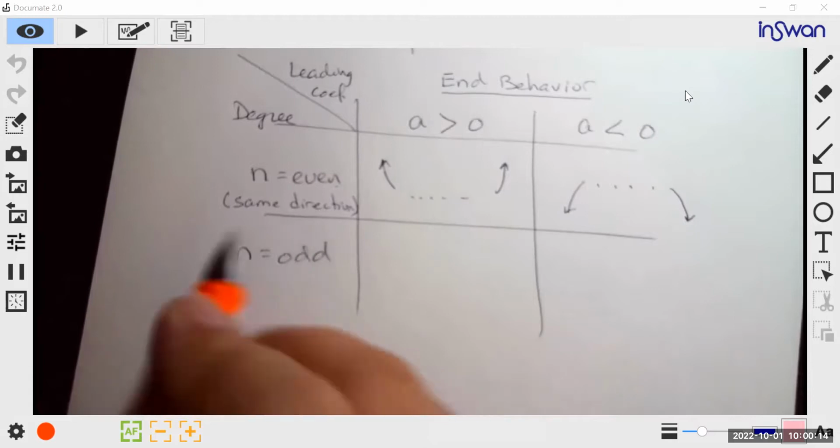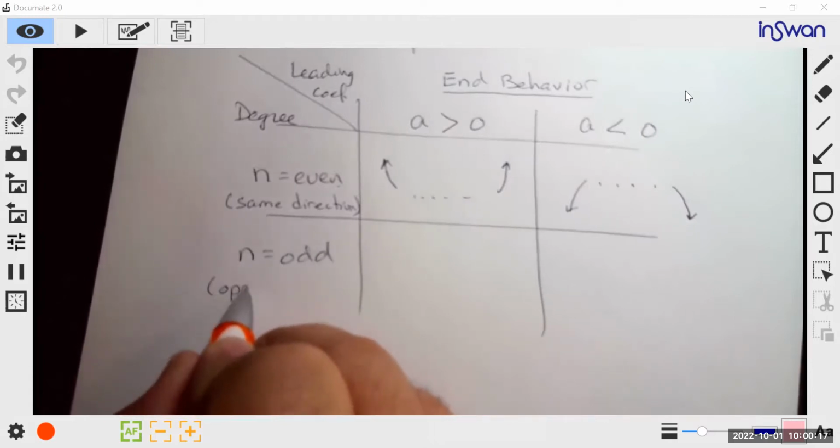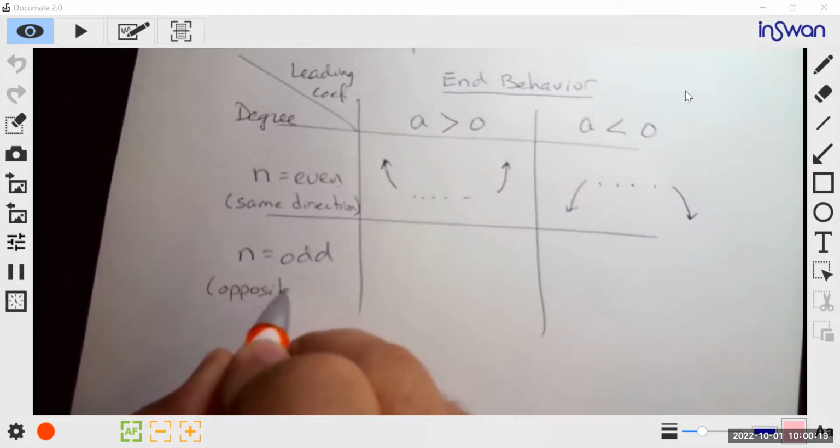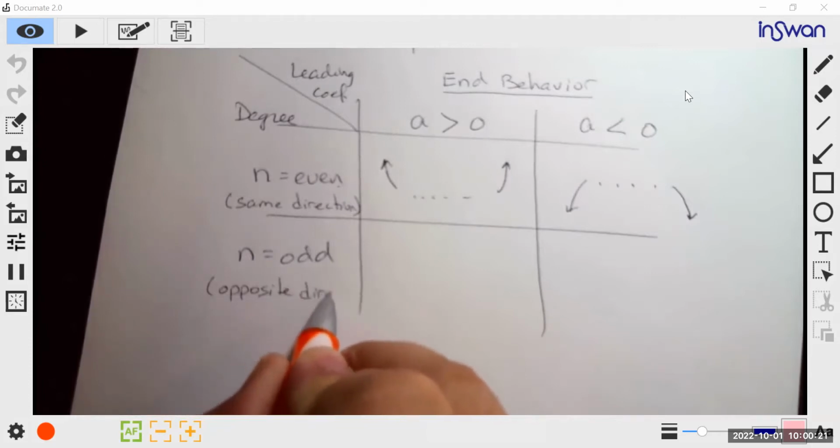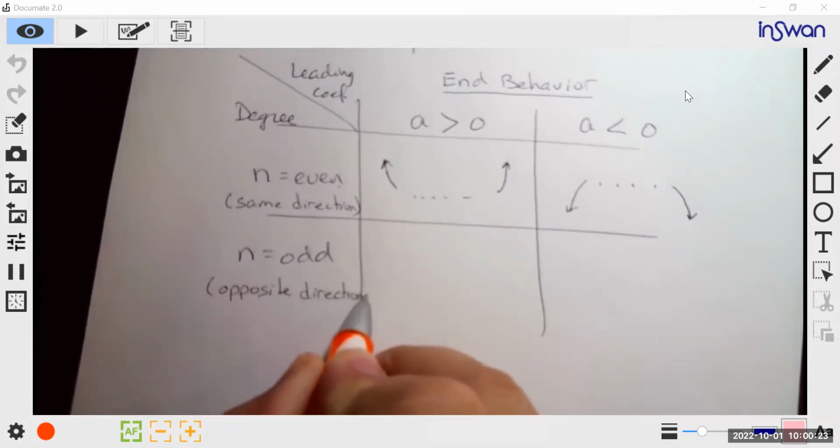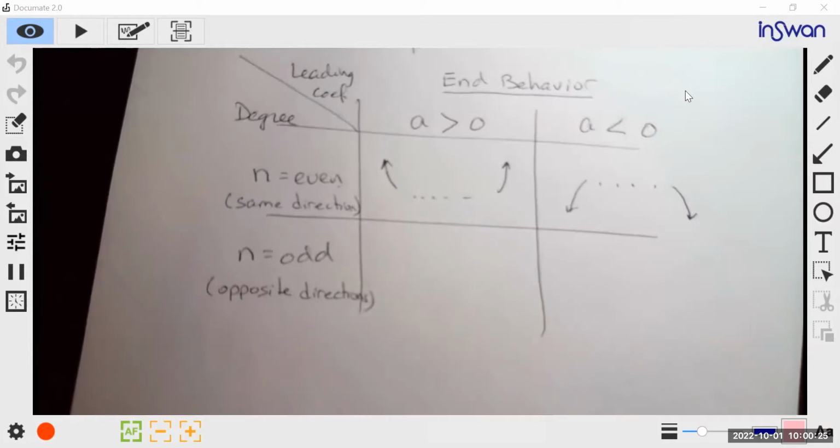If n is odd, the ends point in opposite directions.